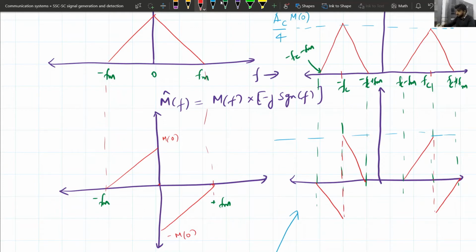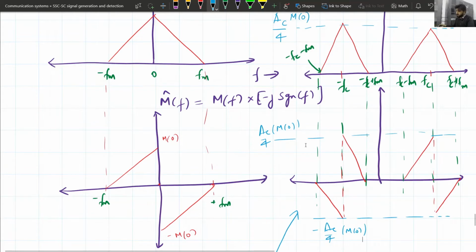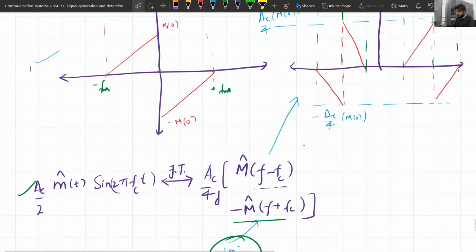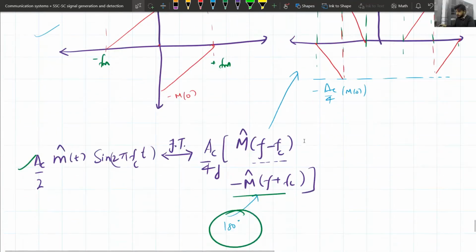Right? See, it will be AC by 4 into M naught, minus AC by 4 into M naught. We can see this is an even symmetric and this is odd symmetric. Right?